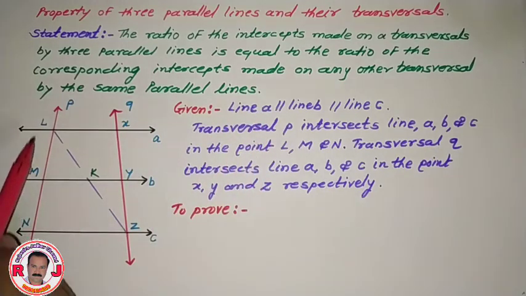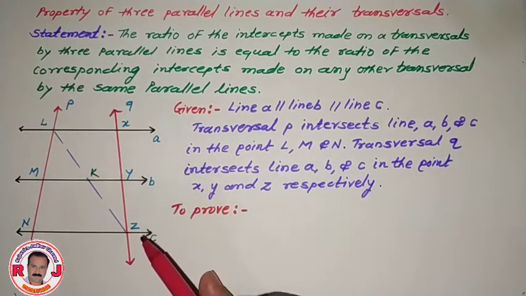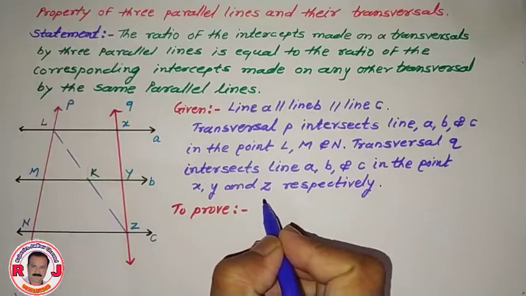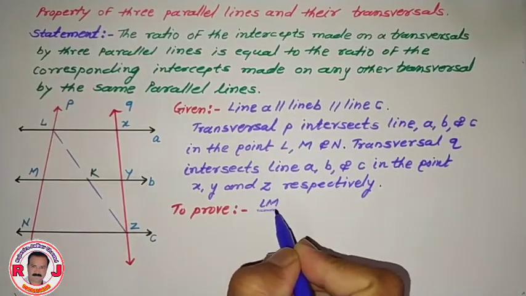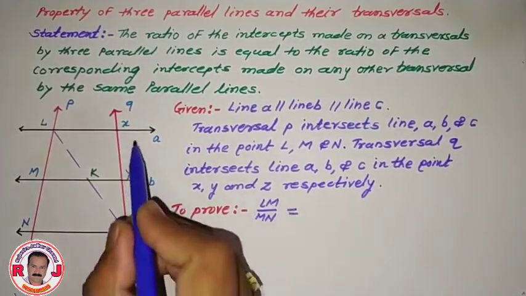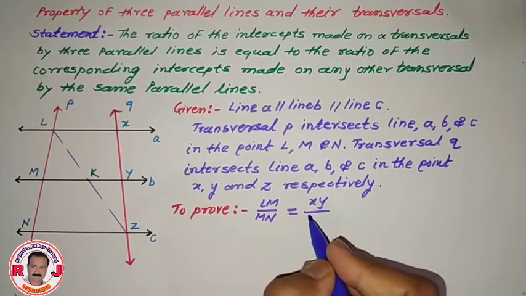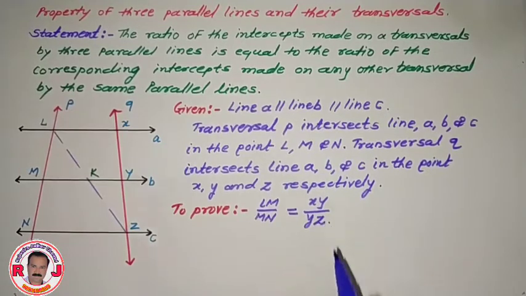Here the intercepts are LM, MN and XY, YZ. LM upon MN is equal to XY upon YZ. This is what we have to prove.